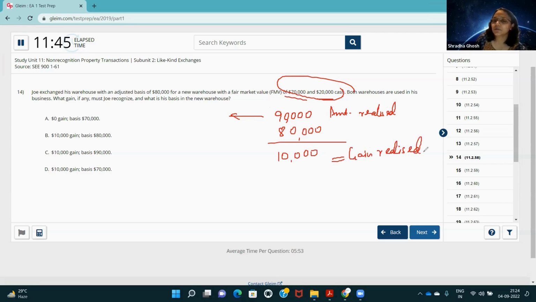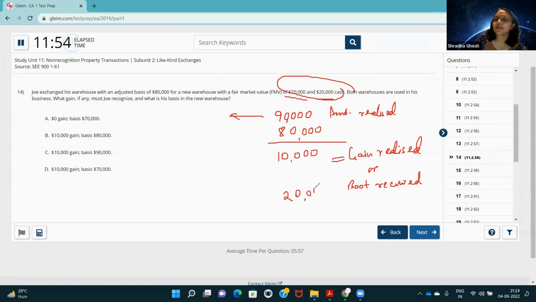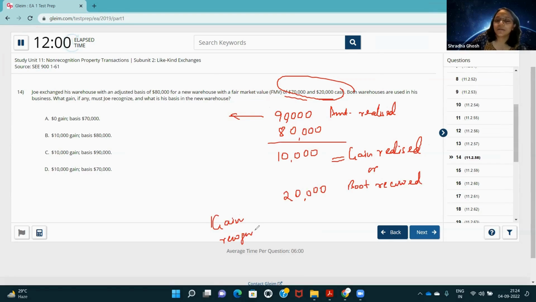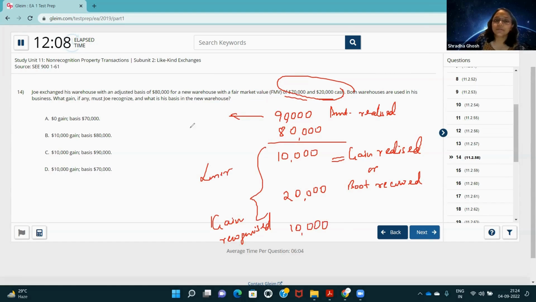What is the boot received? Both warehouses are used. Boot received is 20,000 cash. So what is the gain recognized? 30,000. No, sorry, it is 10,000. It is the lesser of the two figures. So tell me, what will be the basis of the new warehouse?